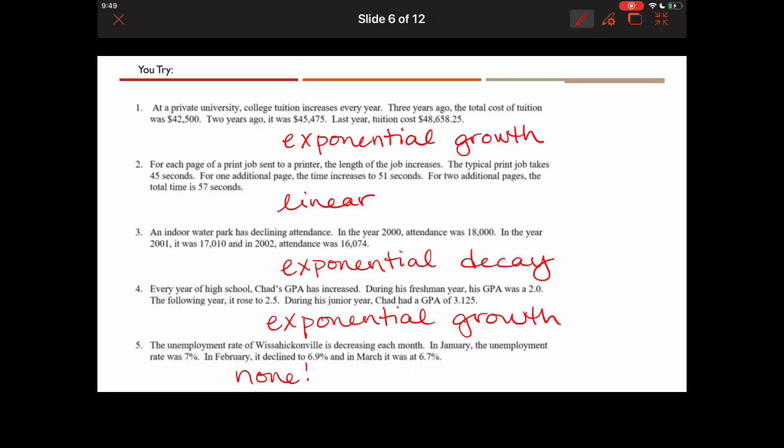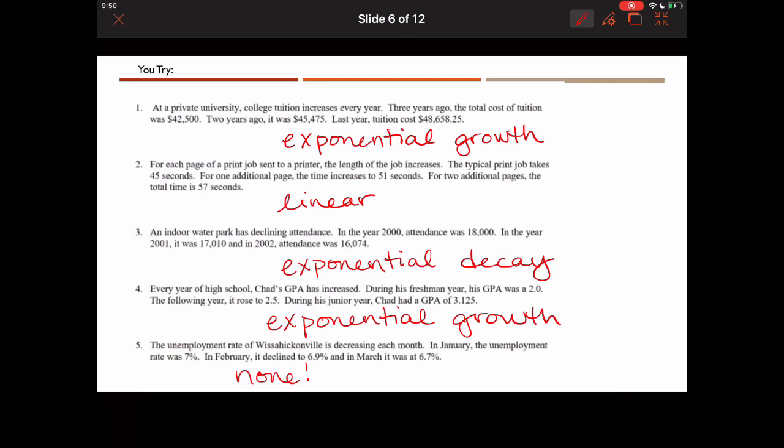Number 3 is exponential decay, because every year we can get the attendance by multiplying by 0.945. Number 4 is exponential growth, because every year we can multiply Chad's GPA by 1.25.